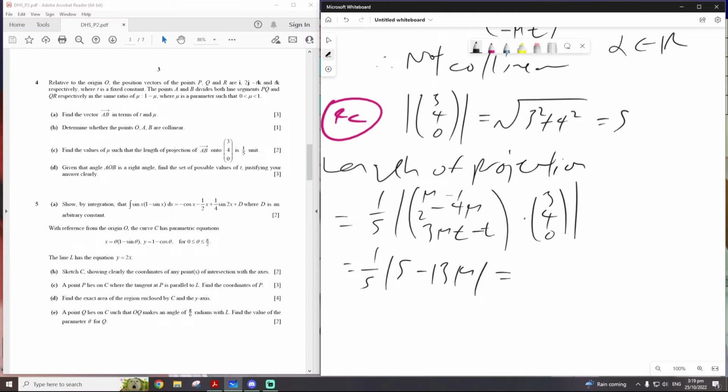So this equals 1 over 5. Therefore 5 minus 13 mu equals plus or minus 1, and you can go and find the two values of mu from there. If it equals 1, then mu is 4 over 13. If it's minus 1, then it will be 6 over 13.